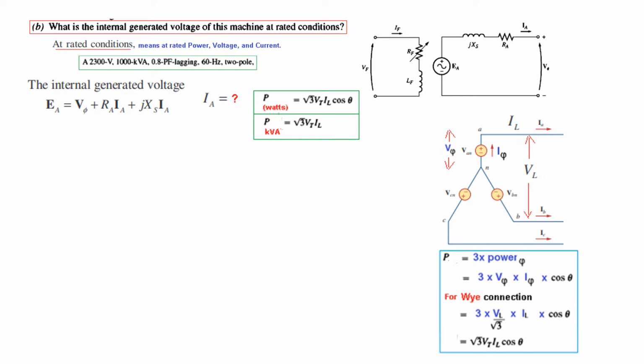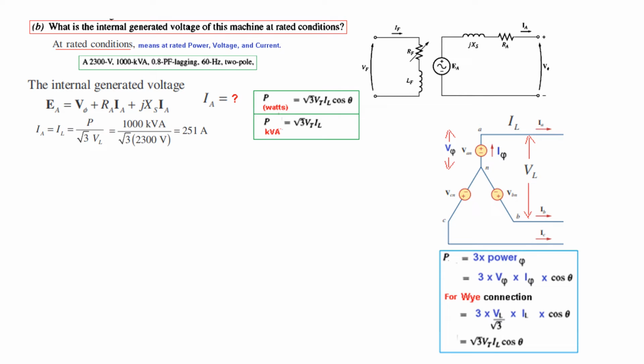We know the power given, and we know the terminal voltage, and we can calculate IL, which is actually IA also. The line current and the phase current are the same. So from here we can say that IA, which is equal to IL, is equal to power divided by root 3 VL from this formula. Vt is VL.